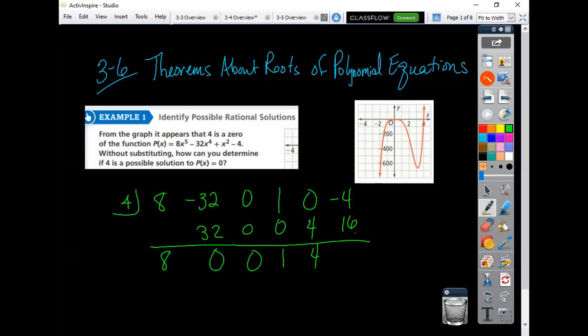8x to the 5th minus 32x to the 4th plus an x squared minus a 4. Graph that.